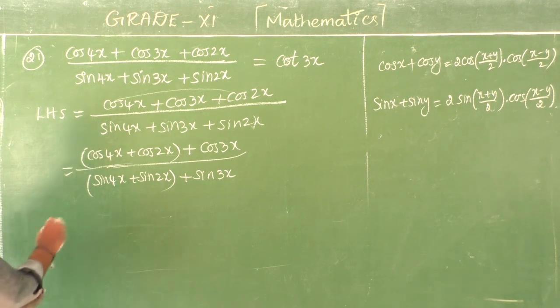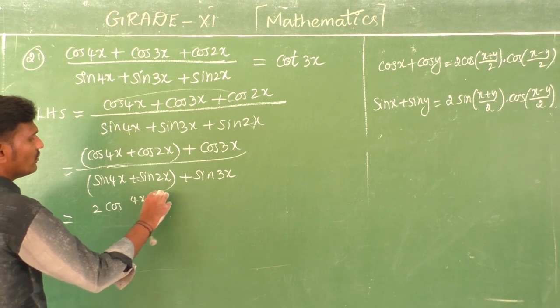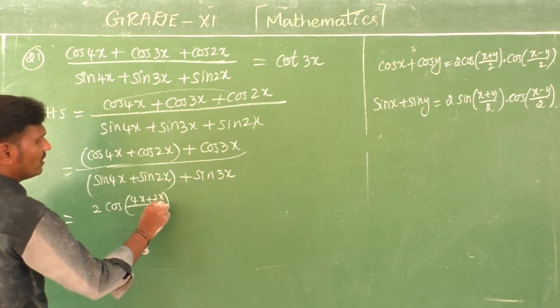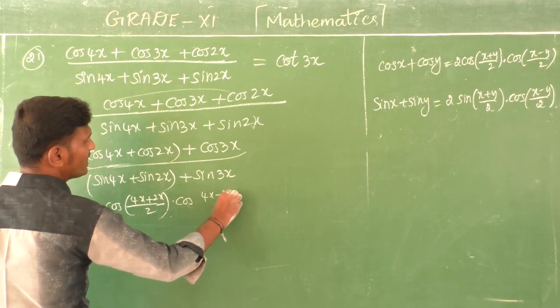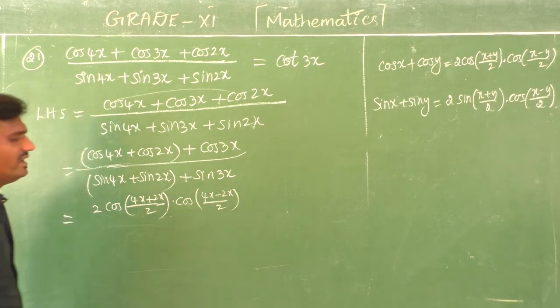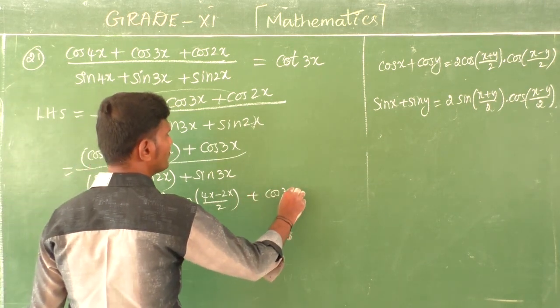Now listen, cos 4x plus cos 2x. Cos x plus cos y is 2 cos (x plus y) by 2, so that is 2 cos (4x plus 2x) by 2 into cos (4x minus 2x) by 2, plus cos 3x, which you write separately.